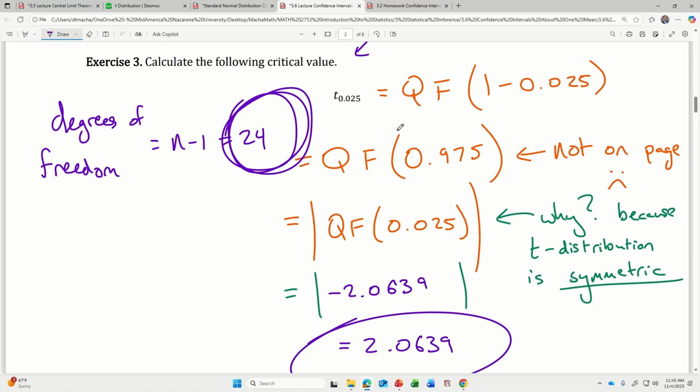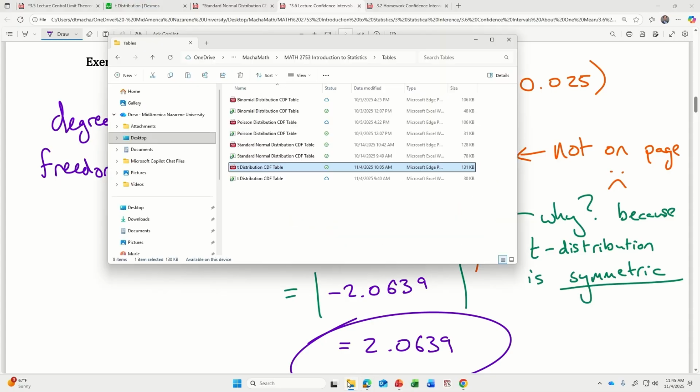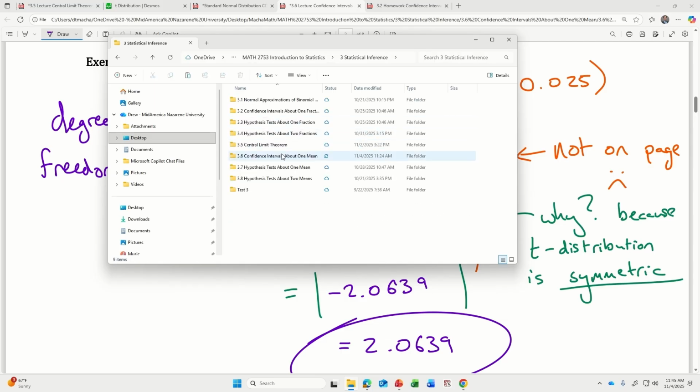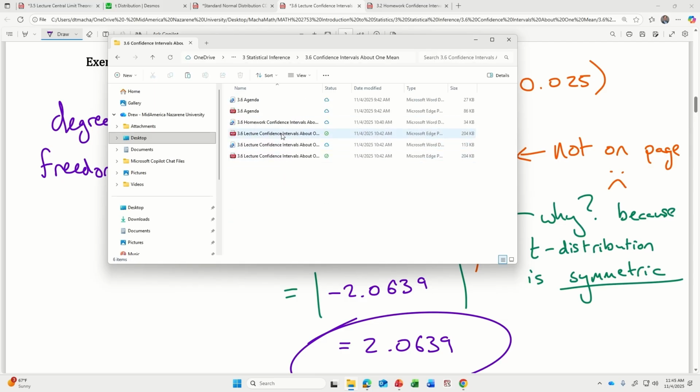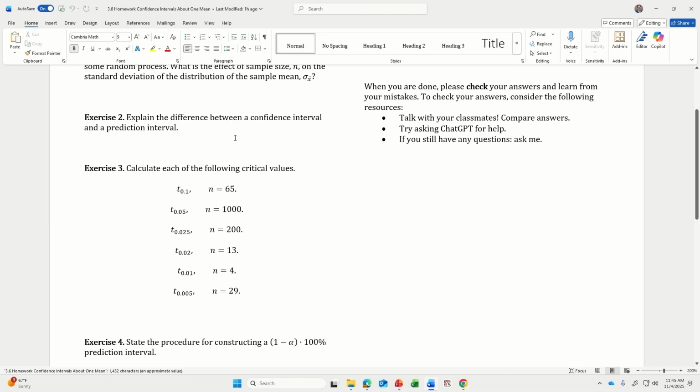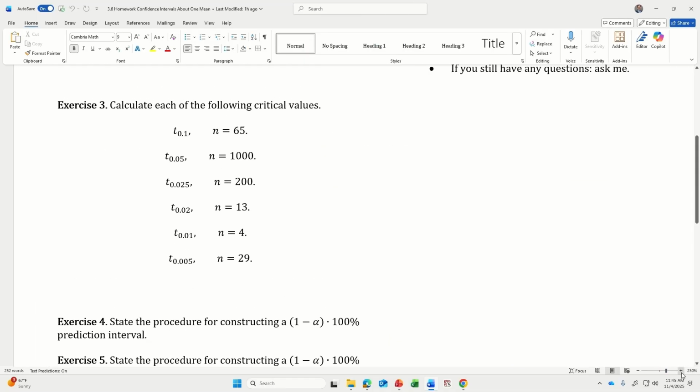Yeah? So for the sample size, you just said it was 25. I will tell you the sample size. Whenever I give you this question on a test or on homework, I'll make sure that I do that. I'm almost done writing this homework, and I actually thought about that while I was writing it.